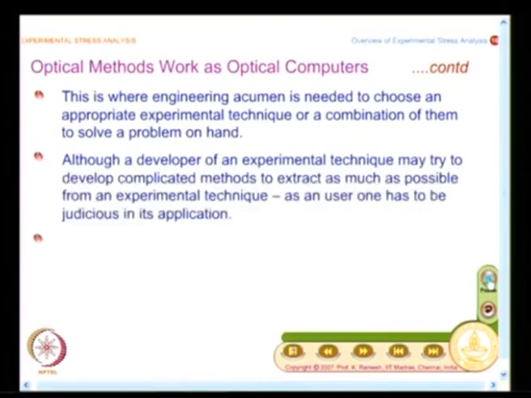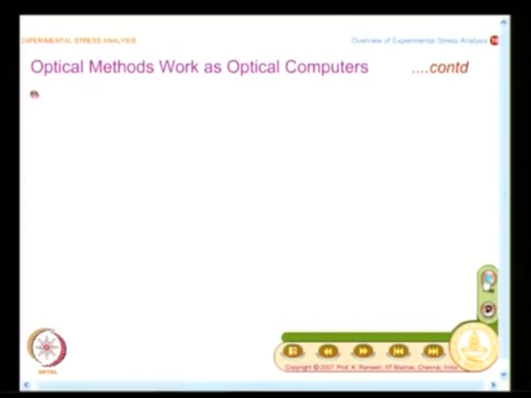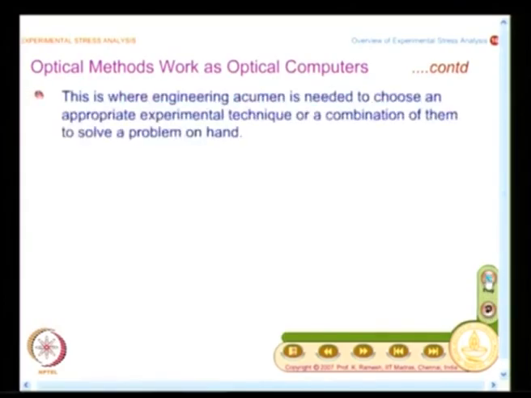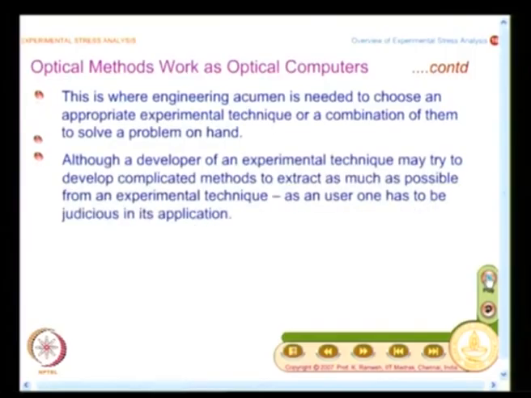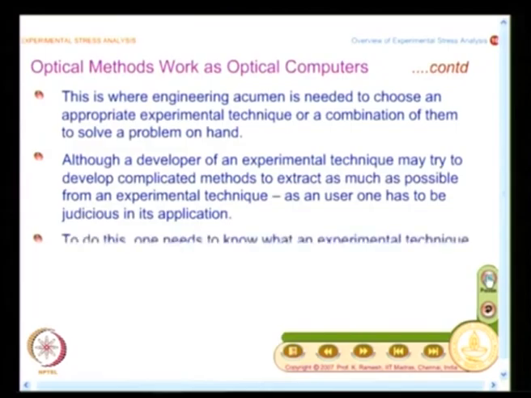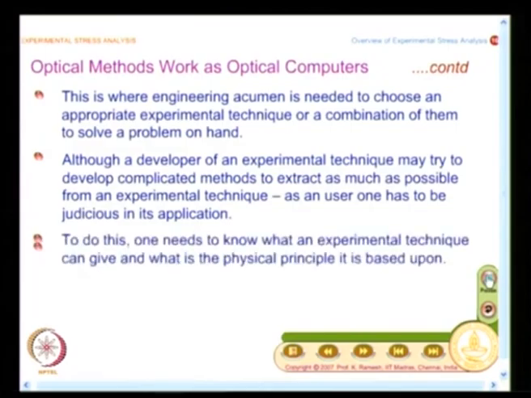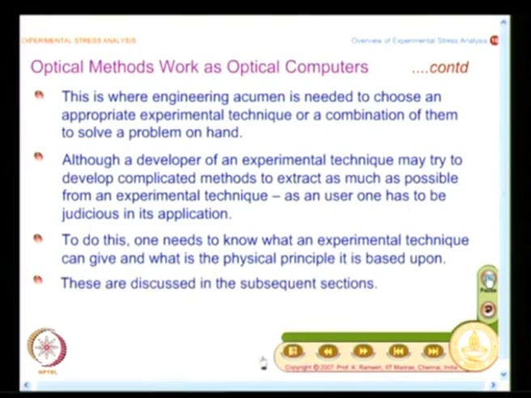And another word of caution I would like to say is, as an experimental person, the person may be interested in developing as much as possible from a given experimental technique.